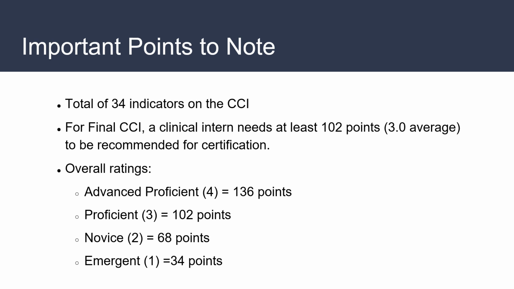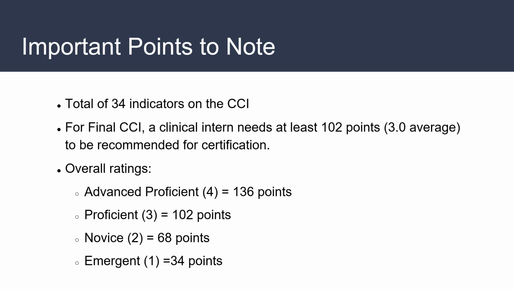A teacher candidate needs 102 points or a 3.0 average on his or her final CCI to be recommended for certification. These point totals reflect the total points possible if every indicator was evaluated at that level. For example, a clinical intern receiving advanced proficient on every indicator would earn a total of 136 points.